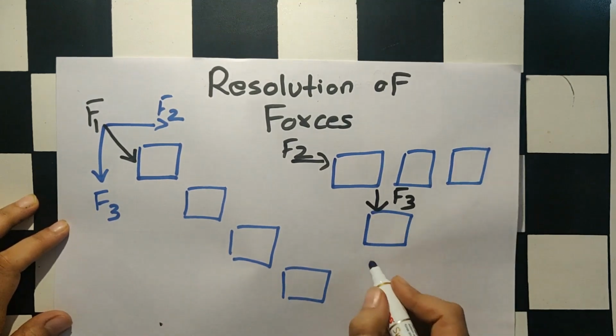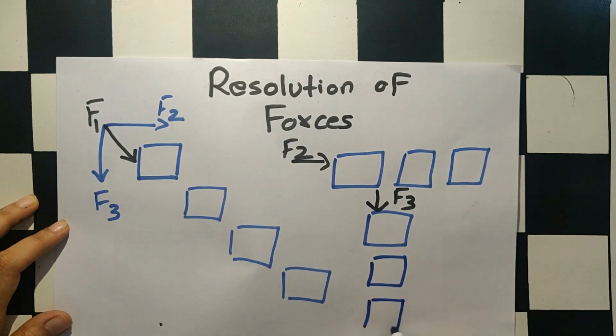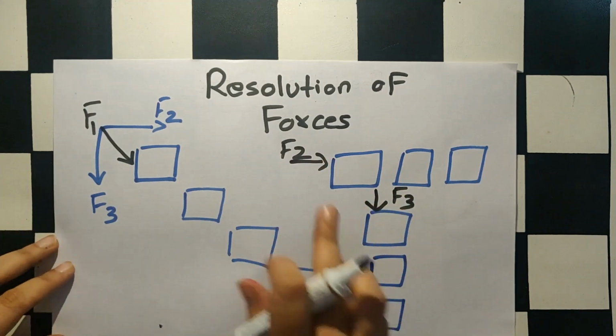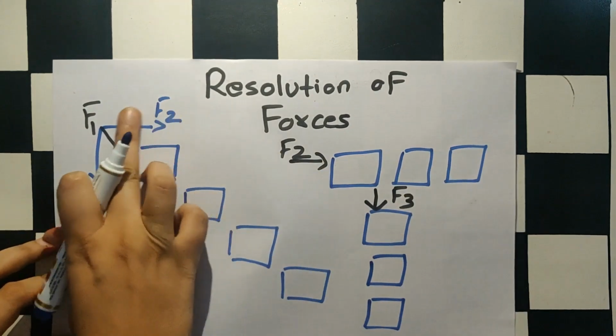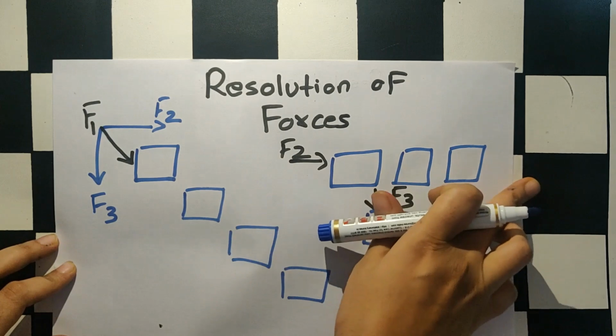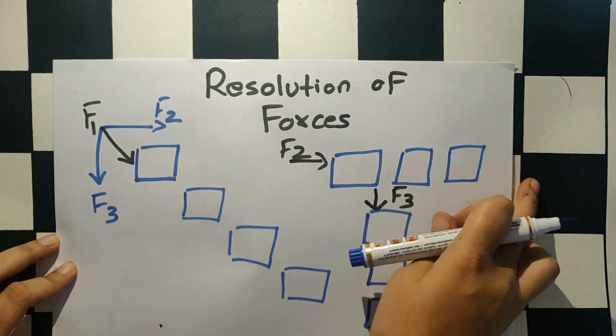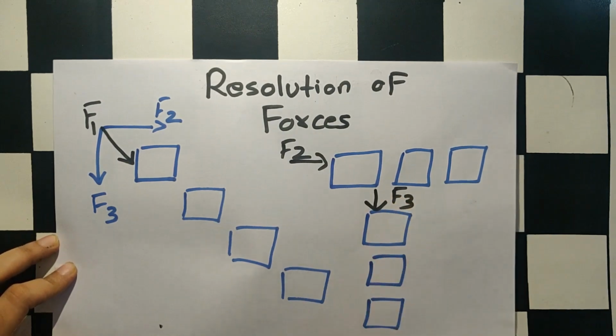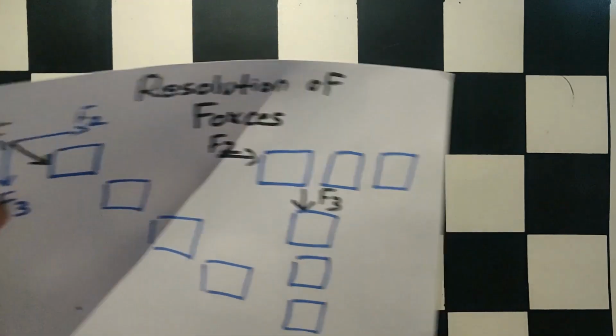Now what will happen? This block will definitely move in downward direction. Now we are studying the effect of individual forces. If you apply only F2, it will move only in horizontal direction. And if you apply only this F3 vertical force, it will move in vertical direction.